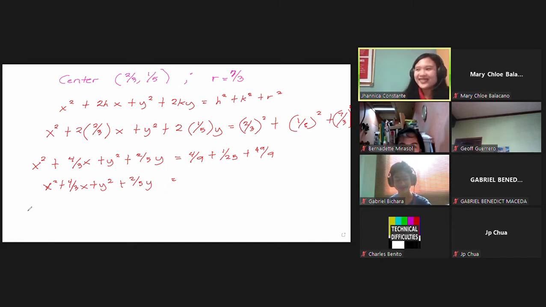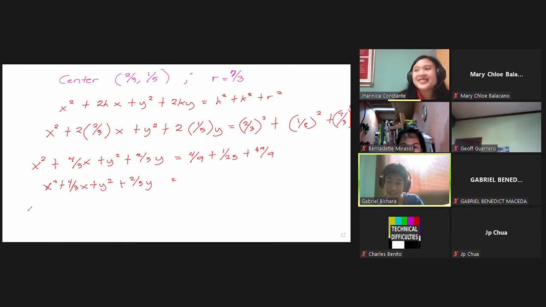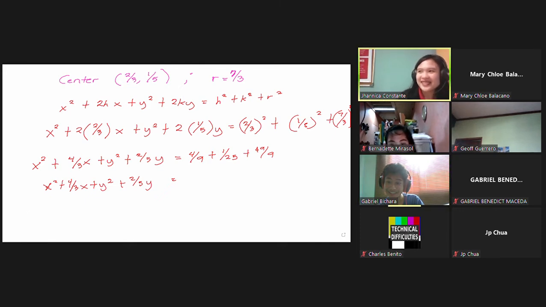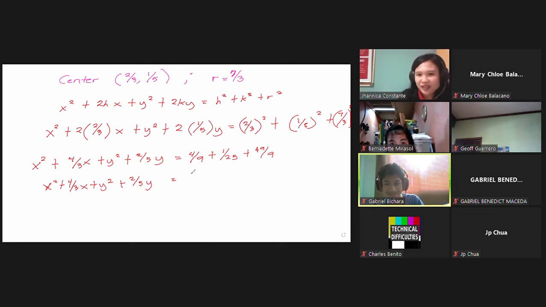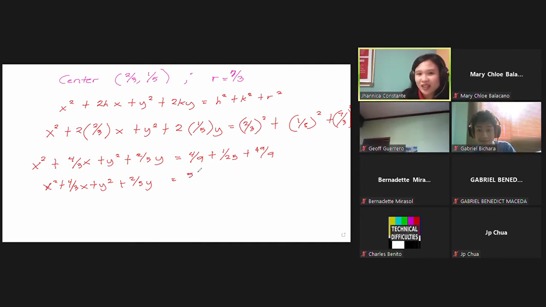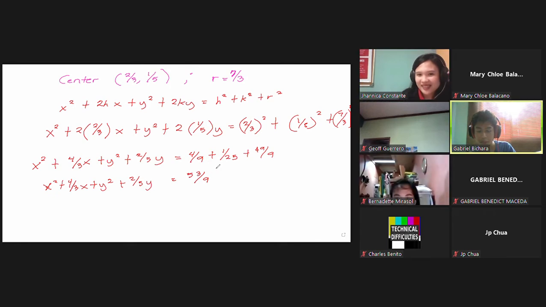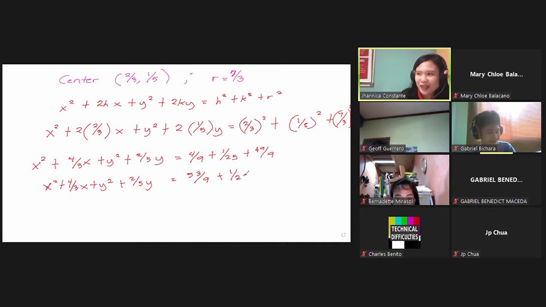What's the sum of 4/9 plus 1/25 plus 49/9? 49/9 plus 4/9 is equal to 53/9. Plus 1/25. So 53/9 plus 1/25 is equal to what?